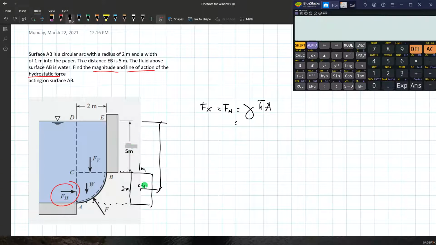We have 5 meters here plus 1/2 of 2 meters, that's 1 meter, so we will have a total h-bar of 6 meters. So 9.81 kilonewtons per cubic meter times 6 meters multiplied by the area. Area is 1 meter by 2 meters.